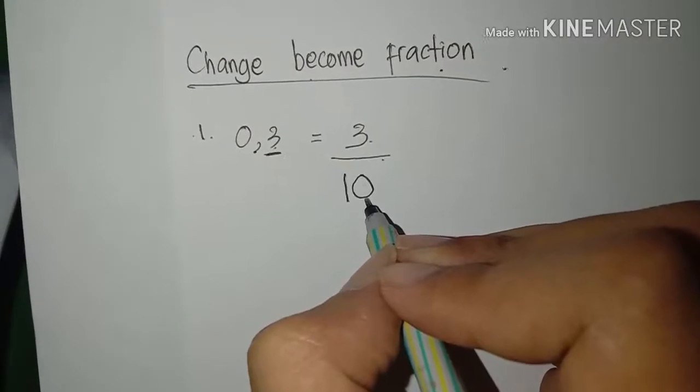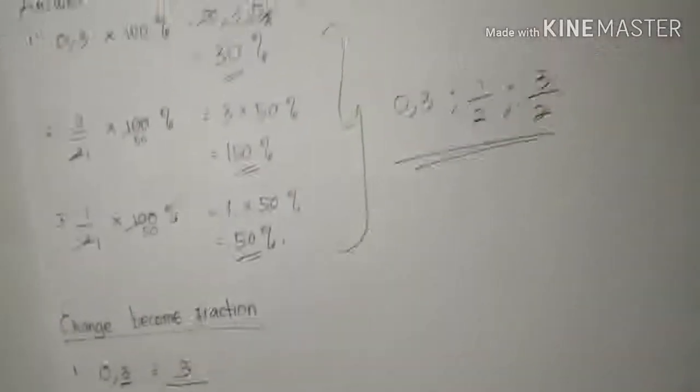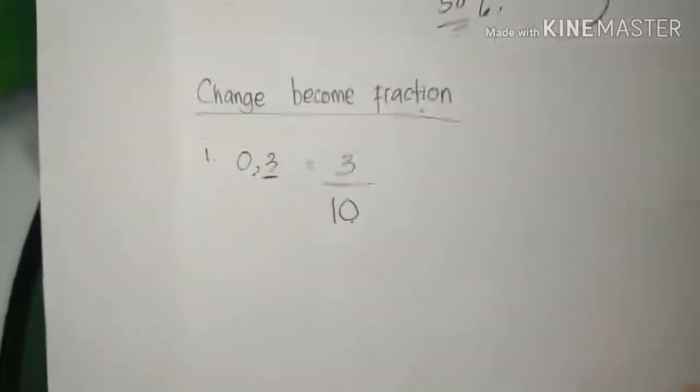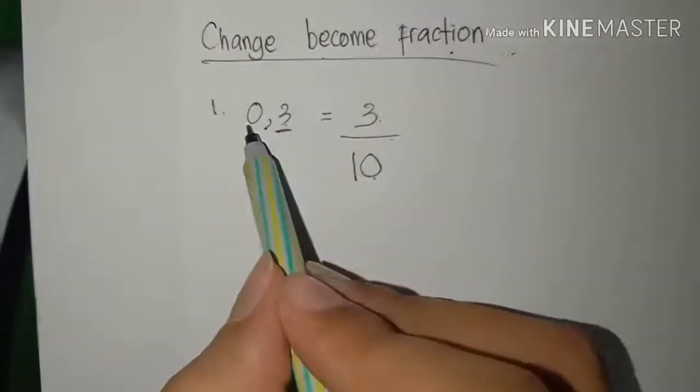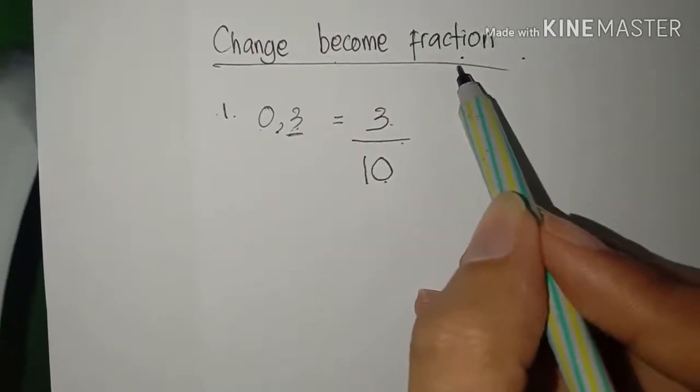I hope you understand. So I will repeat my explanation. 0.3 change become fraction. How is the way?